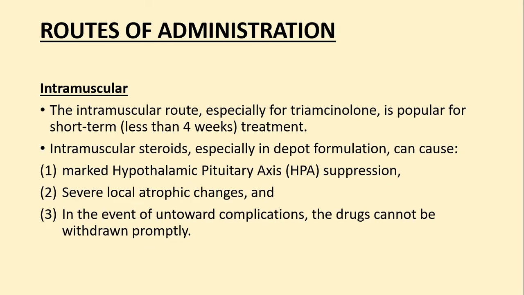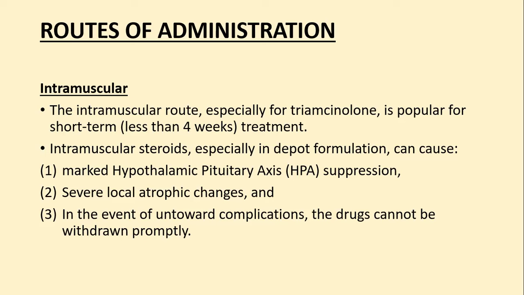Routes of administration. The first is the intramuscular route. We have discussed the intermediate-acting injectable steroids given by intramuscular route, and the most commonly used is triamcinolone and the other is Depo-Medrol. And it is usually given intramuscularly every 4 weeks.